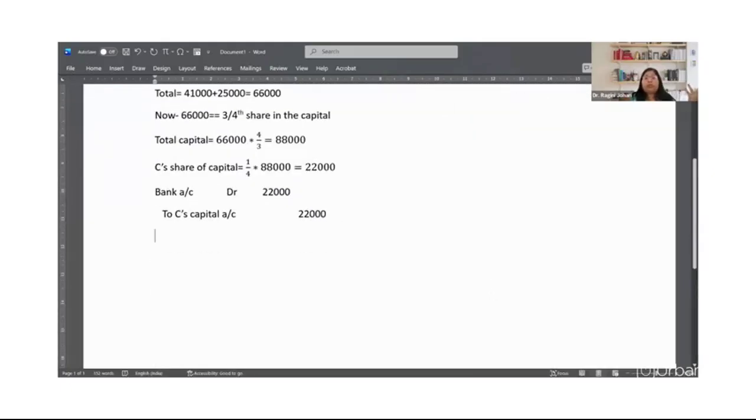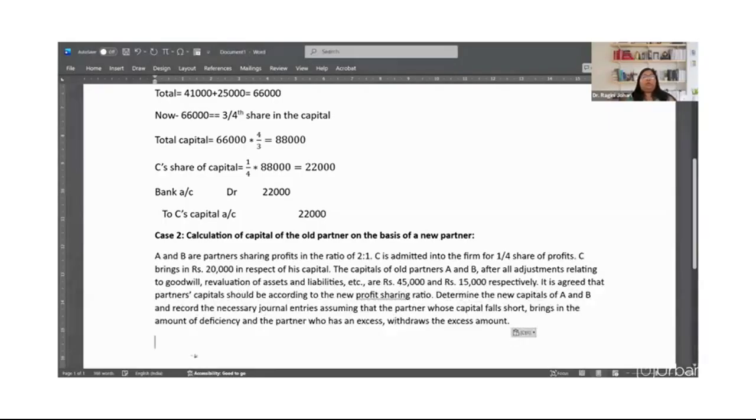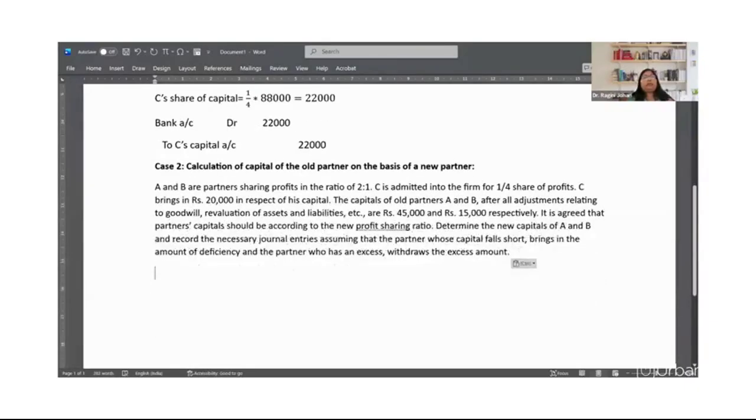Case 2, as I said, is where the old partners' capital has to be recalculated on the basis of the new partner. Let's take a question on this also. This question says there are two partners A and B sharing profit in the ratio 2:1.